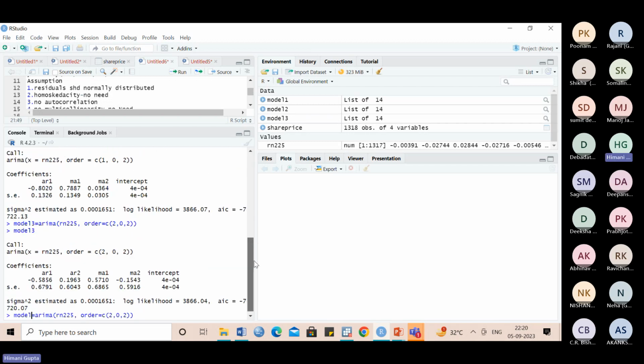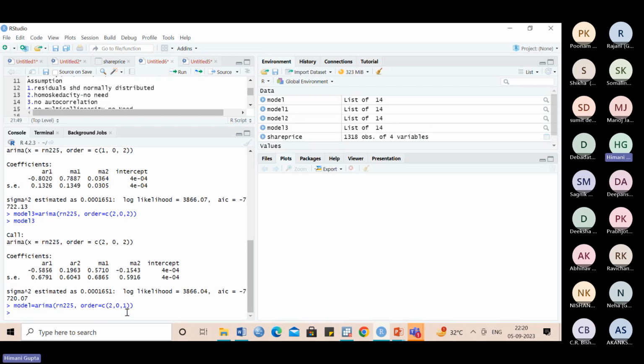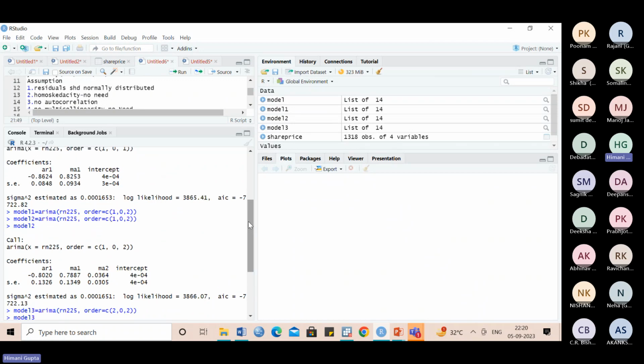We have taken 201. This is the one. This is my best model. I have created now 4 models over here: the original model, model 1, model 2, model 3. Somehow I have overwritten model 1. I have given the same commands for model 1 and model 2. You can see over here, model 1 is also 102 and model 2 is also 102. So they are overwriting each other, so I'm not going to consider these.